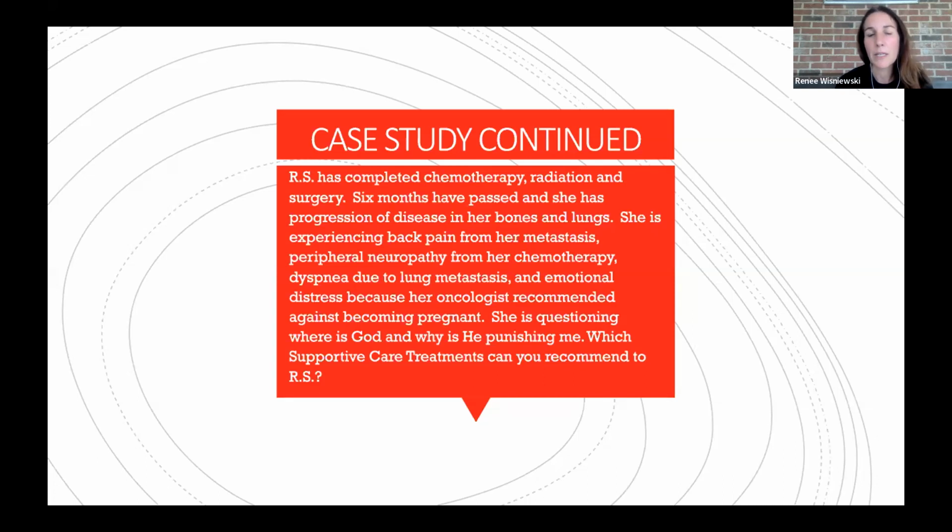She's questioning, where is God and why is he punishing me? Which supportive care treatments can you recommend to RS? This is just a question based on the presentation for you to think about. She's a common patient that we take care of and help assist primary teams with caring for.